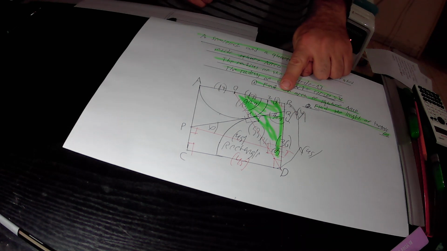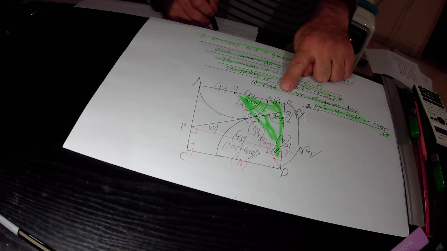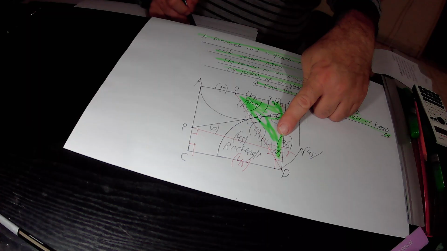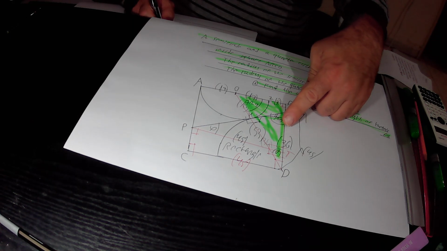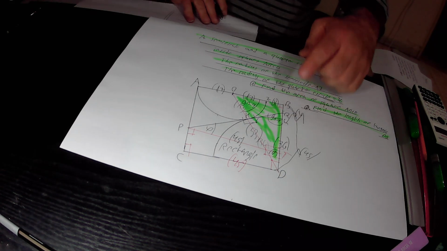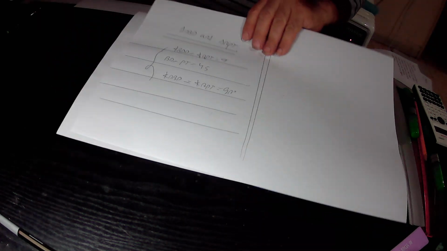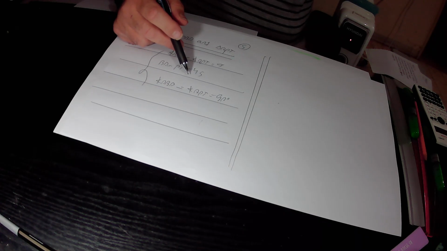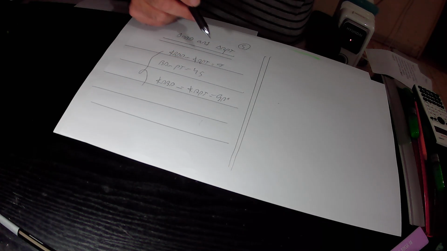So actually this is angle OBD in the right triangle OBD, and it is equal to this angle, angle QPT in the right triangle QPT. They are both equal to 90 degrees and therefore they are equal to each other.